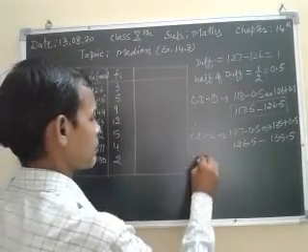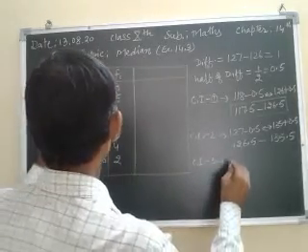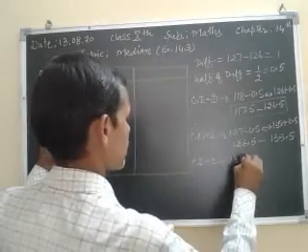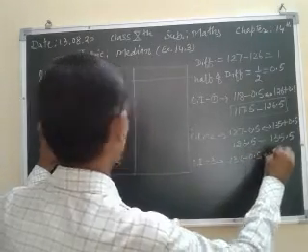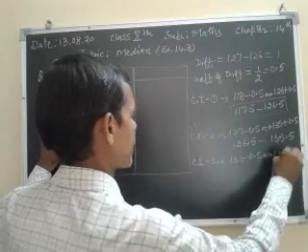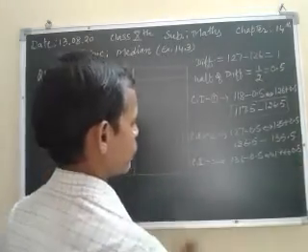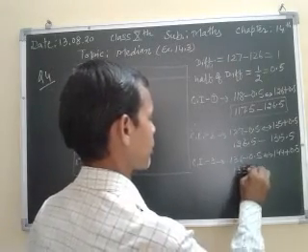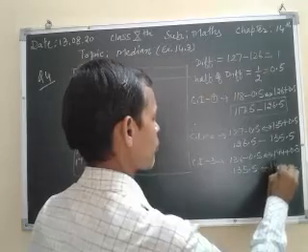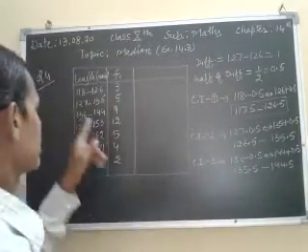Class interval 3: 136 minus 0.5 to 144 plus 0.5, so 135.5 to 144.5.